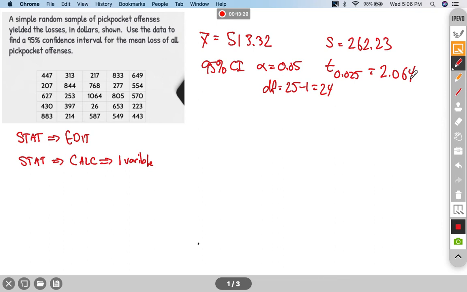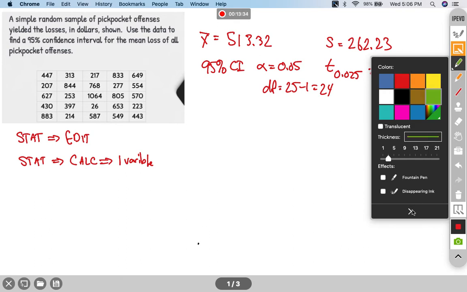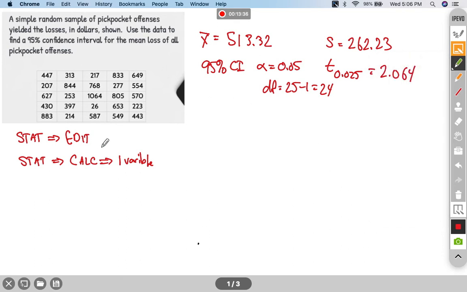Now, one of the things I didn't do, that I probably should do, is answer: is this normally distributed data?